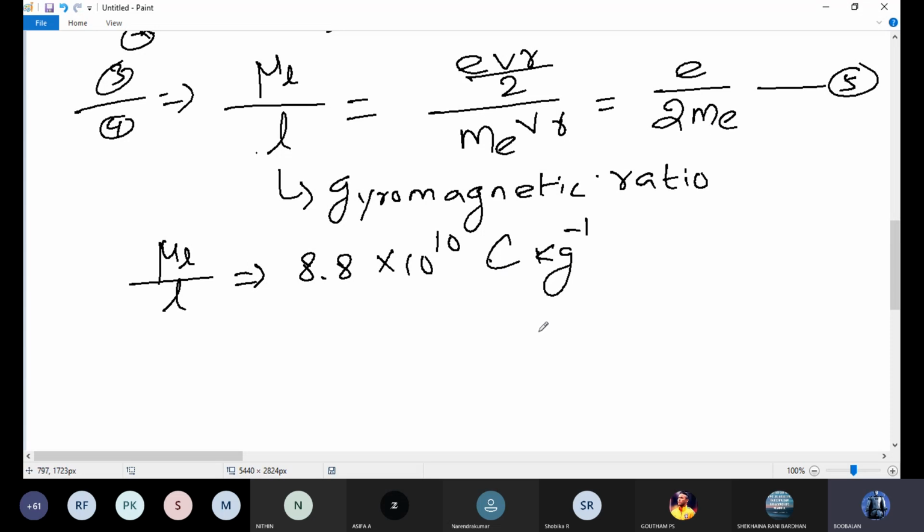So Coulomb kg inverse, the value is 8.8 into 10 power 10.